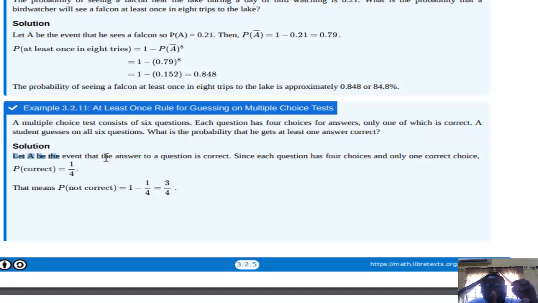Then the probability that he does not get it correct is 1 minus 1/4, which is 3/4.